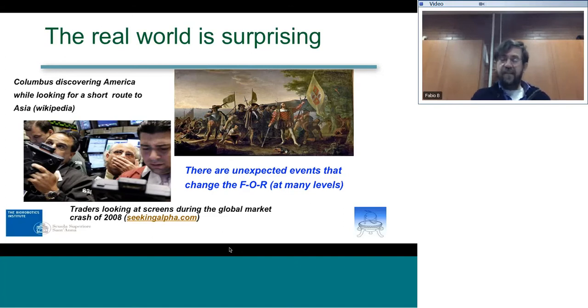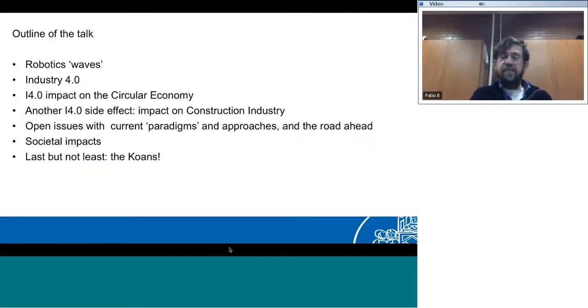It's not a joke, because all the pricing and insurance models on derivatives, insurance on natural or other kinds of unexpected situations are based on linear Gaussian models. And someone claims that the crash of 2008 was actually due to that, so that they didn't expect the so-called black swans.